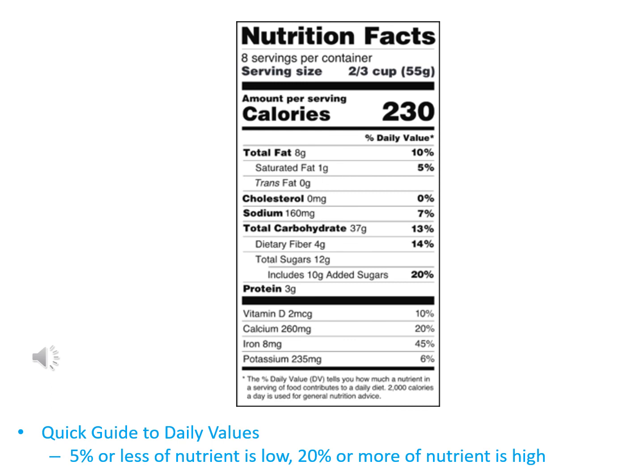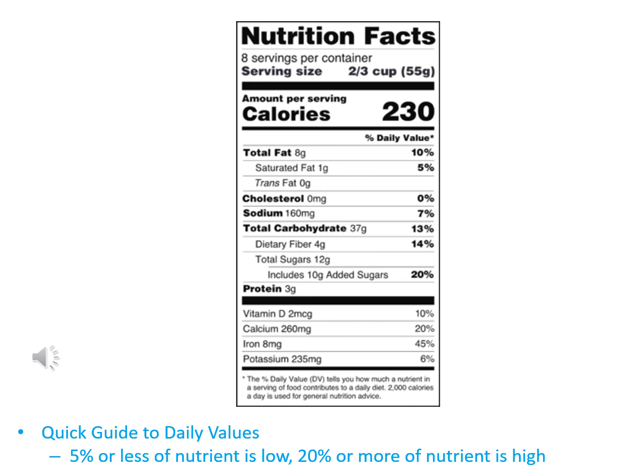And to use that again as consumers, we keep in mind that quick guide to interpret these daily values, which includes if there is 5% or less, then there is a low amount of that nutrient. If there's 20% or more, then there's a high amount of that nutrient in whatever the particular food may be.